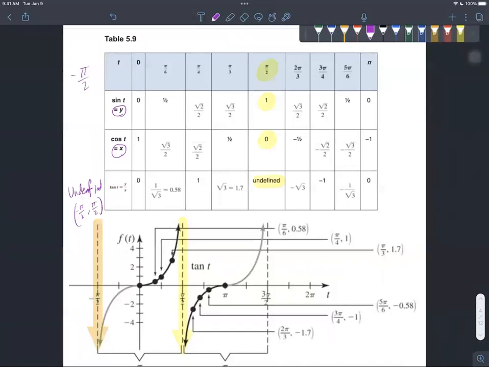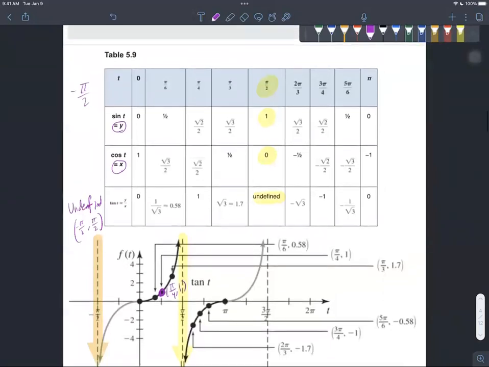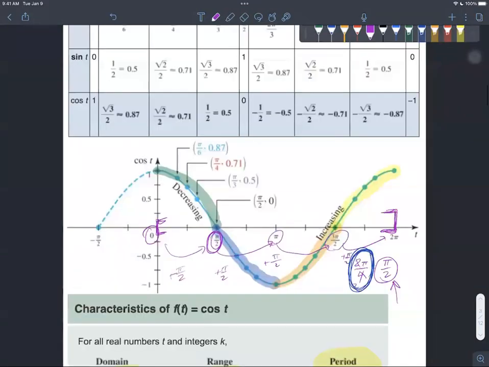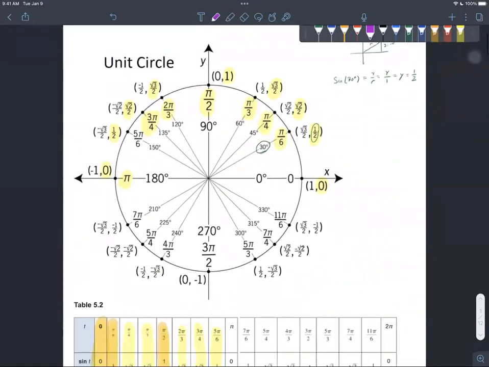A couple of points to note: this one here, whose coordinates are pi over 4 comma 1. And why is this a special point? Because at pi over 4, if you look at the unit circle, the value of sine is the same as the value of cosine. If sine and cosine have the same value, then tangent is just going to have a value of 1. Now, let me scroll up to the unit circle and look at 7 pi over 4, or call it negative pi over 4, they're coterminal.